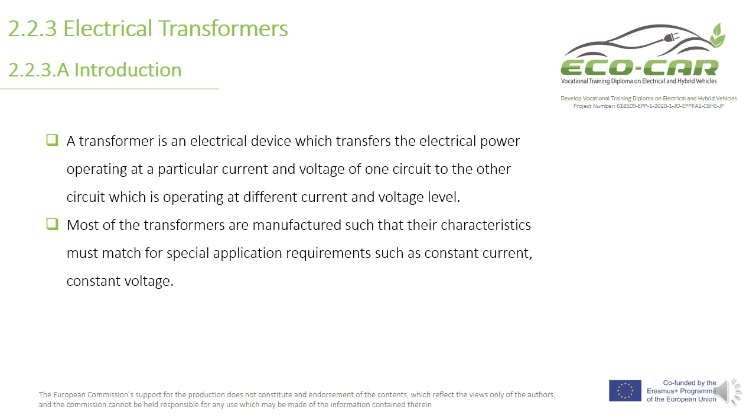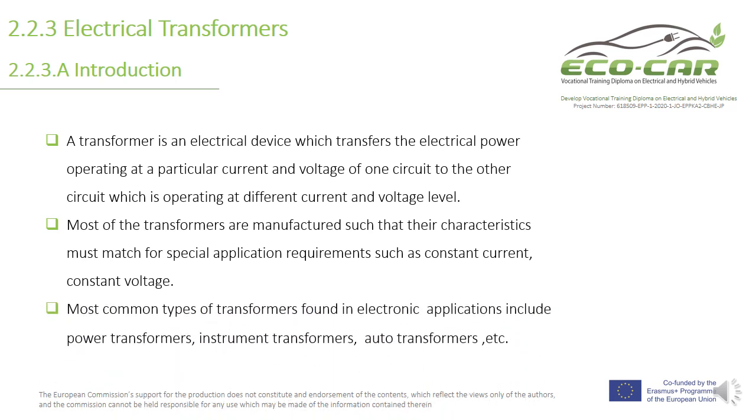Most of the transformers are manufactured such that their characteristics must match special application requirements such as constant current and constant voltage. Most common types of transformers found in electronic applications include power transformers, instrument transformers, and auto transformers.